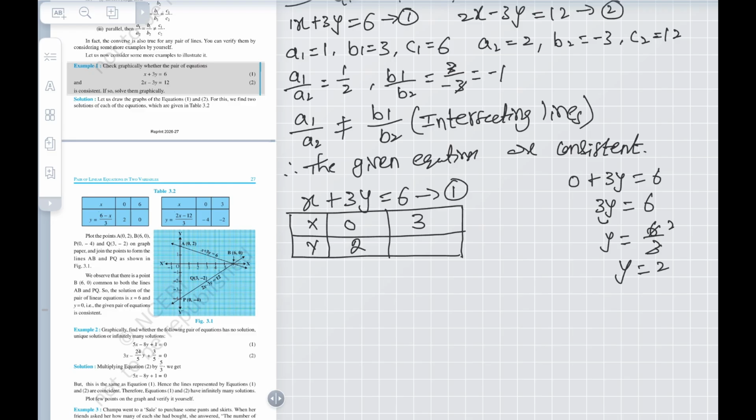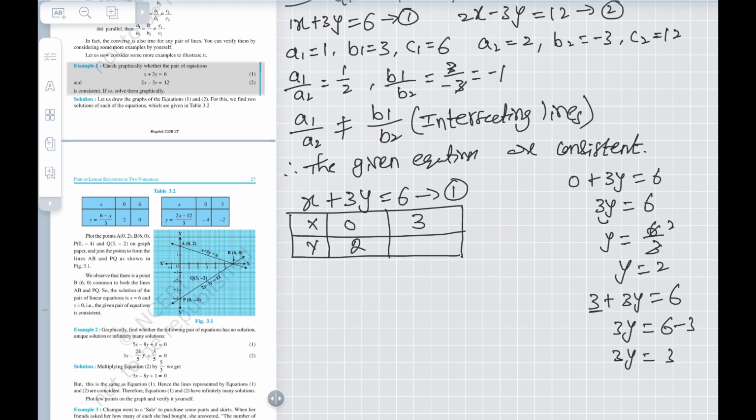I take x value 3 and substitute 3 in the equation. 3 + 3y = 6. When you transpose plus 3 to the other side, it becomes minus 3. So 3y = 6 - 3, so 3y = 3.